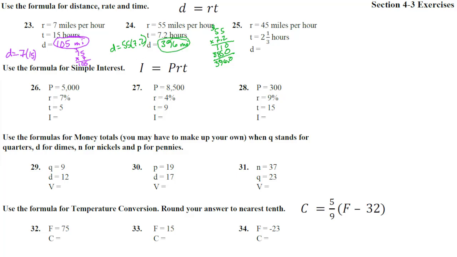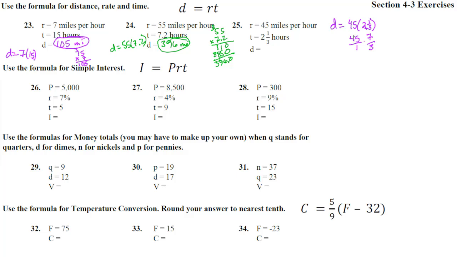Excellent. Okay, last one on this top row with the D equals RT. So again, it's going to be D equals R, which is 45, times T, which is 2 1/3. So you have to take 45 times 2 1/3. So that's 45 over 1 times a fraction. 3 times 2 is 6 plus 1 is 7/3.